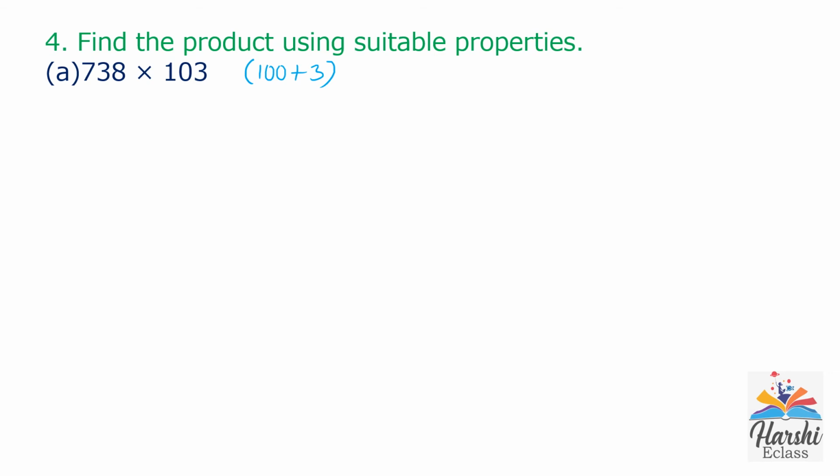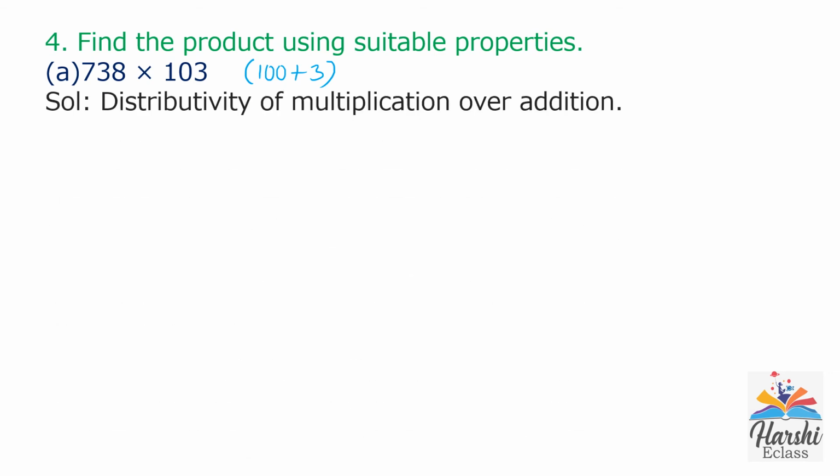Multiplying with 100 and a one digit number 3 is very easy. Here we are going to use the property that is distributivity of multiplication over addition. Now first I will multiply this 738 with 100, then with 3.